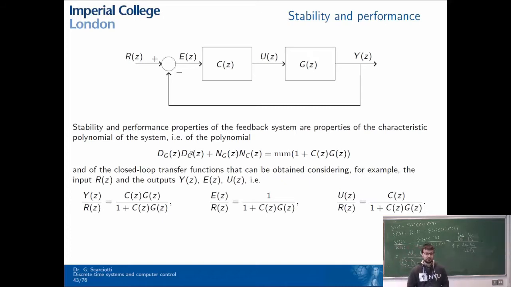So if we go back and look at the slide, we have this polynomial that is called a characteristic polynomial. And this characteristic polynomial is exactly the same that you have also in continuous time. So like in continuous time, we know that the stability properties of the system depend on the location of the roots of this polynomial. And if you think of the Z transform, you know that the root of the denominator will actually be, if you think of a simple pole, the root of that simple pole will actually become a power.